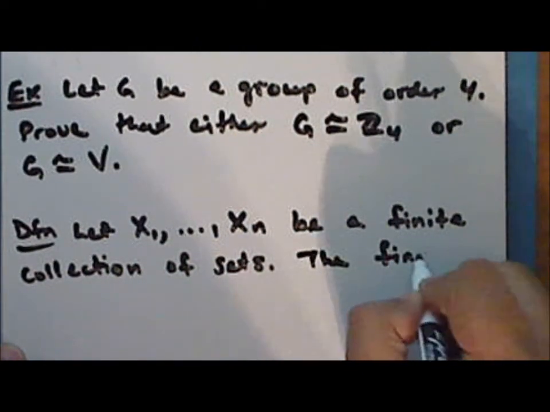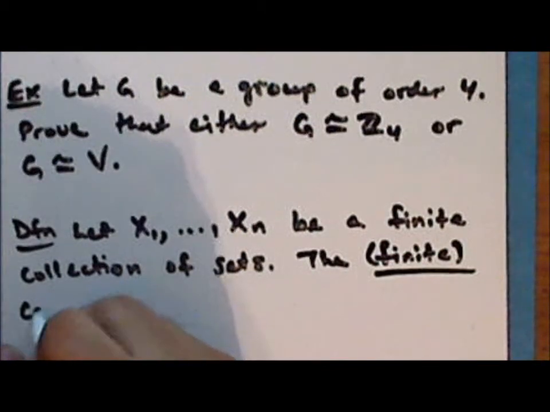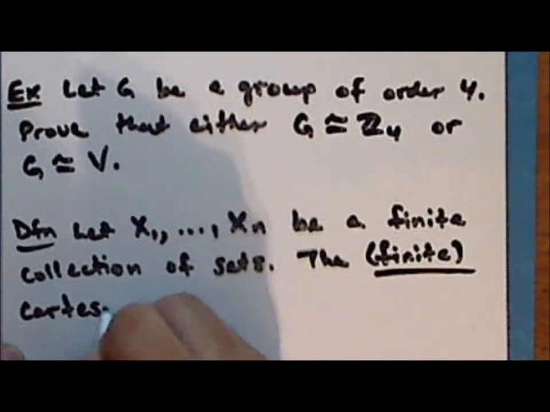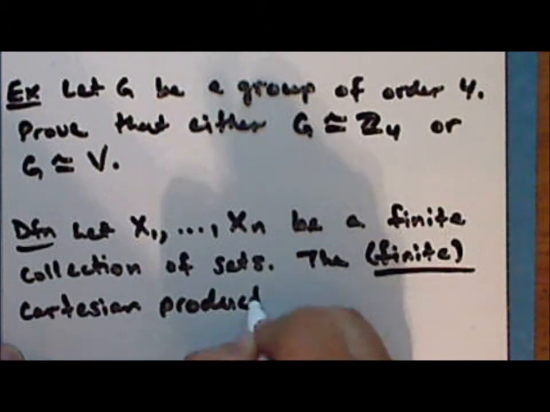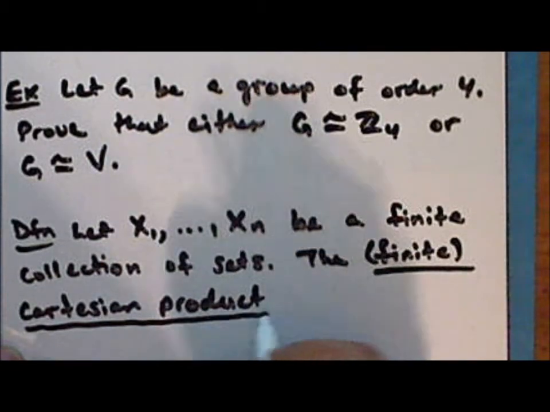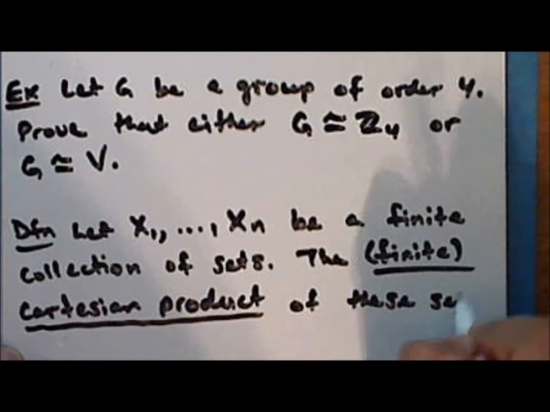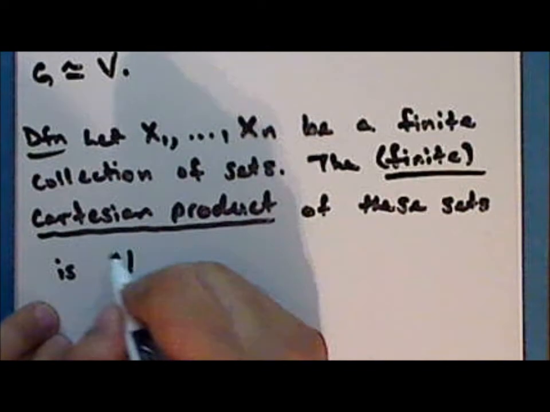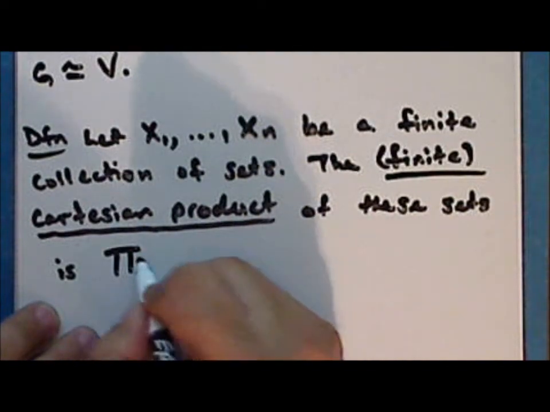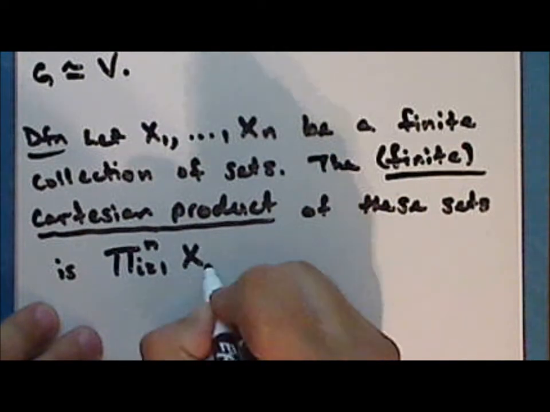The finite Cartesian product of these sets is the set which we denote this way: a large letter pi with the indices i equals 1 to n of the sets x sub i.